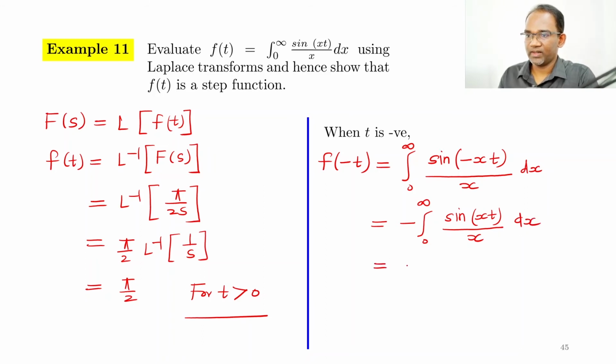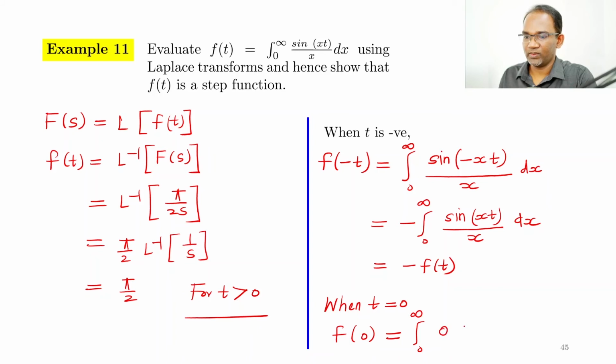This is nothing but negative of f(t). And what happens when t equal to 0? In that case, we have f of 0 is equal to integral 0 to infinity 0 times dx, which is equal to 0.